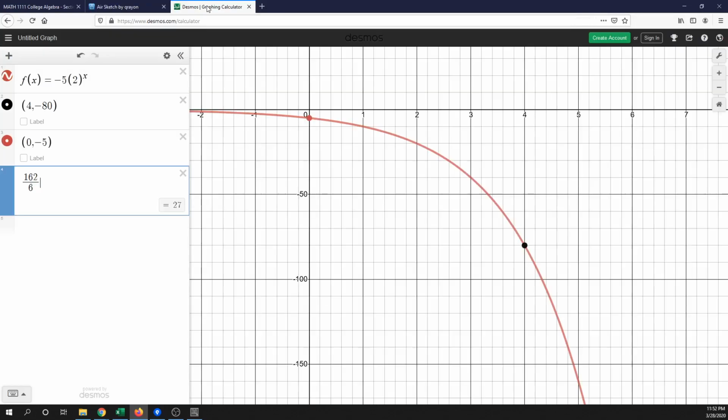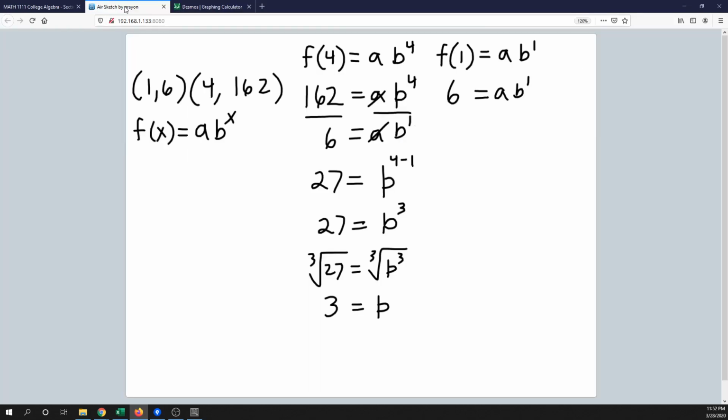If it does not, you would do 27 to the 1/3 power, and you'll get a 3 when you do that. So that lets us know that for the function we're looking for, b is equal to 3.